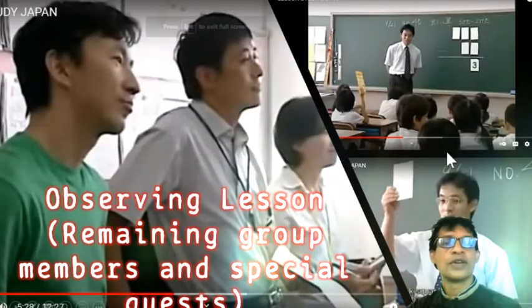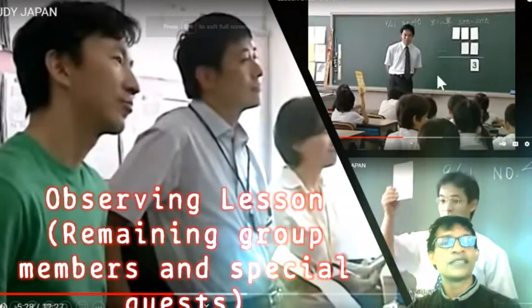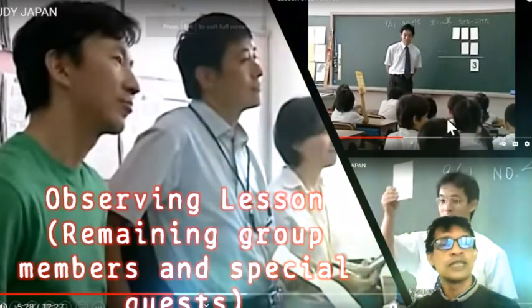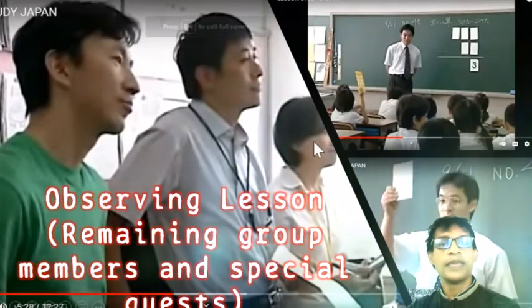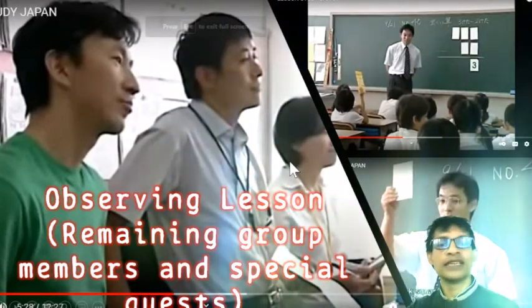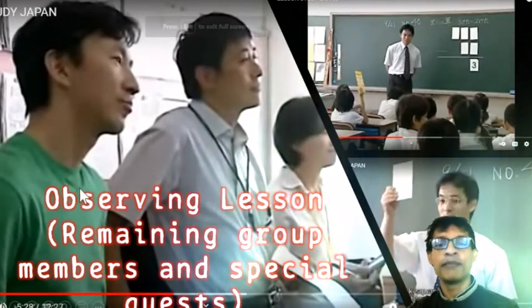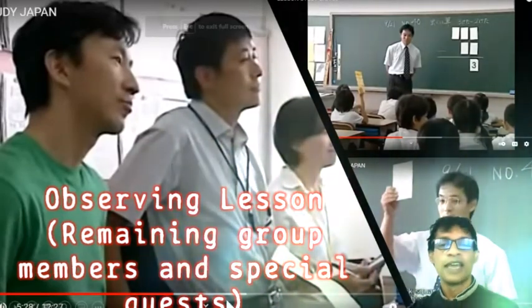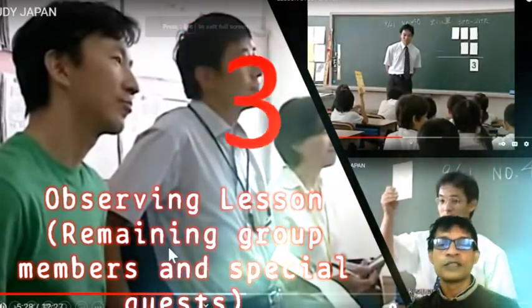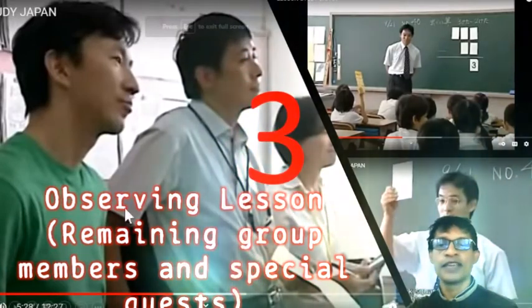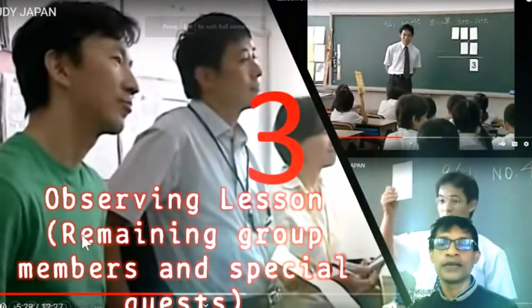So here you can see this teacher. Now it's class time and the students are here and the teacher is here, and now you can see all this particular teacher's group members are observing, and also the special guests are here. This is number 3, observing. The remaining group members are observing.